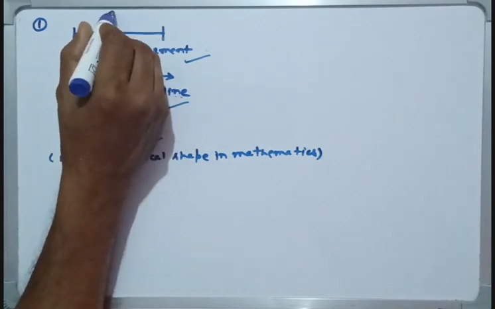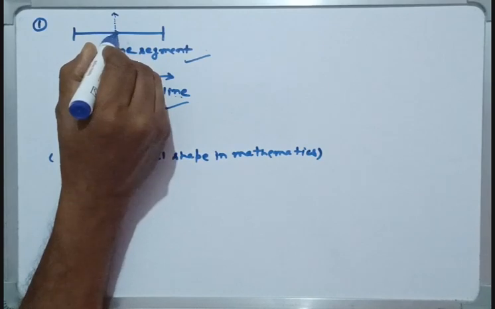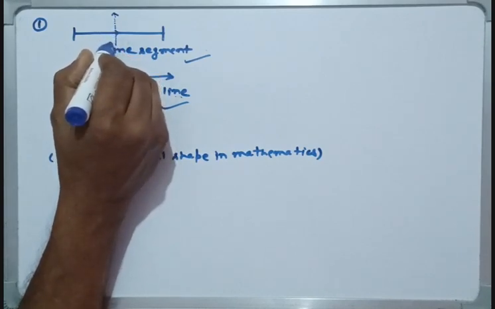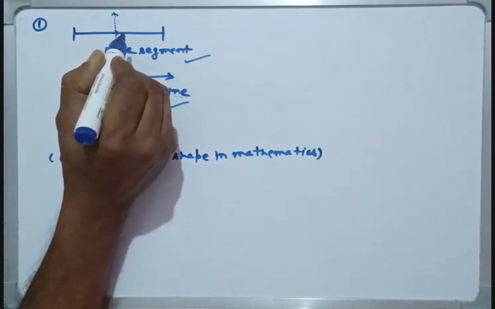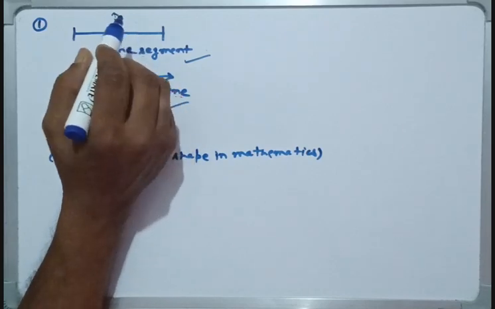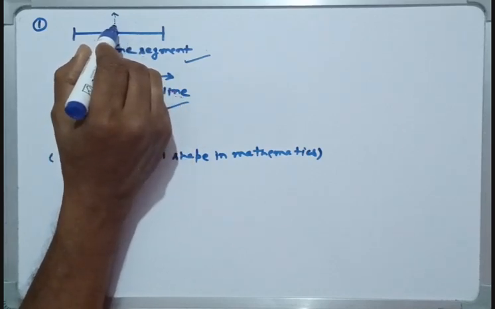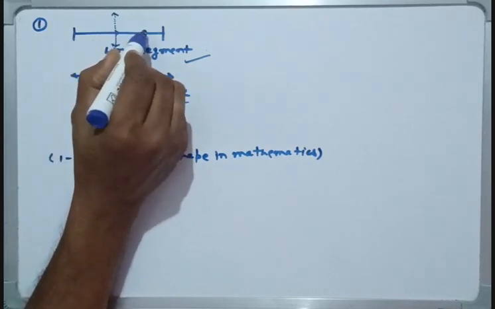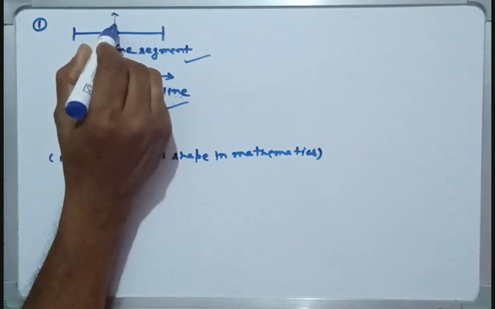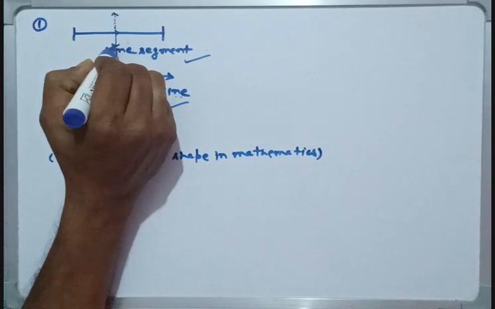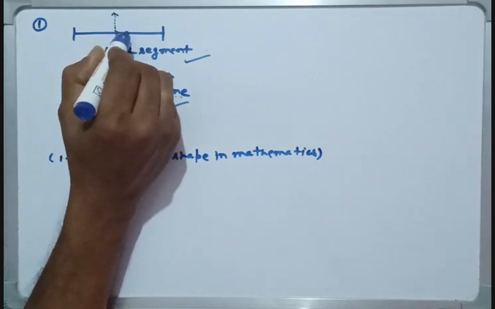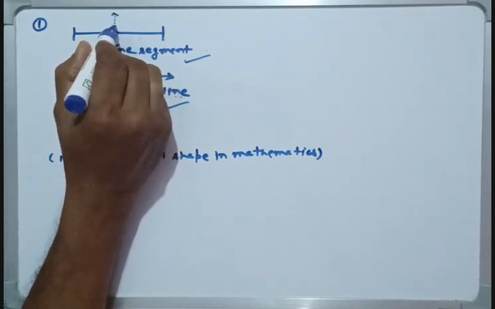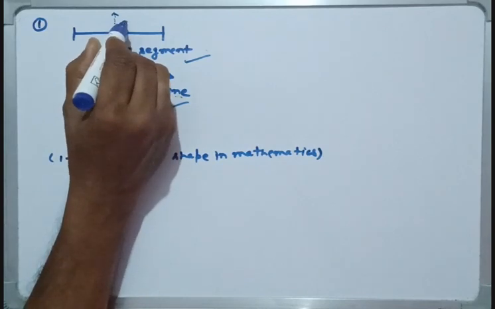Guys, now suppose we draw a vertical line like this one. This vertical line is perpendicular to this line segment. It means the angle between this imaginary line and this line segment must be 90 degrees.